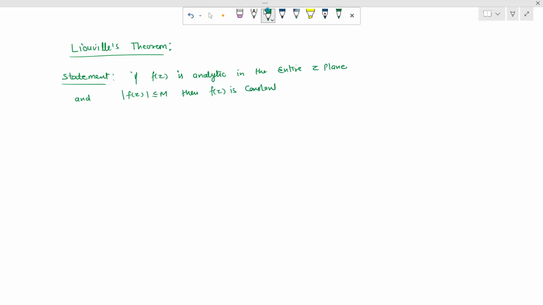The function is constant. So this is the statement of Liouville's theorem. Now we shall prove the theorem.